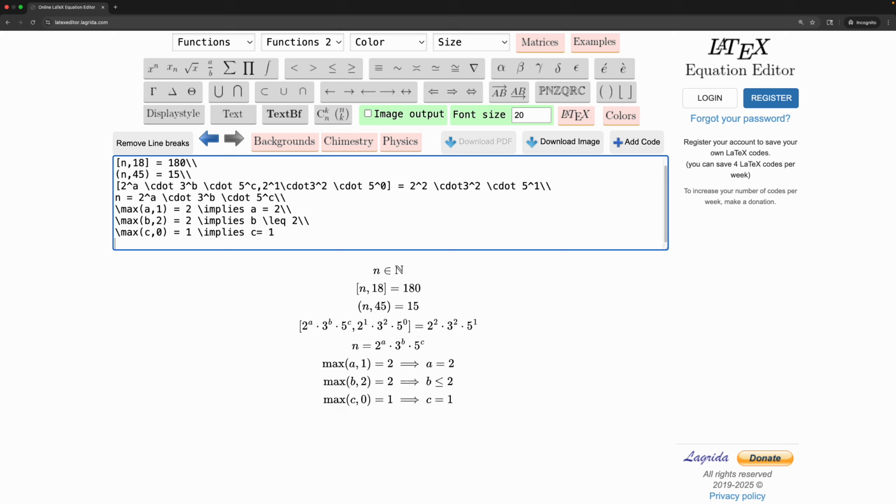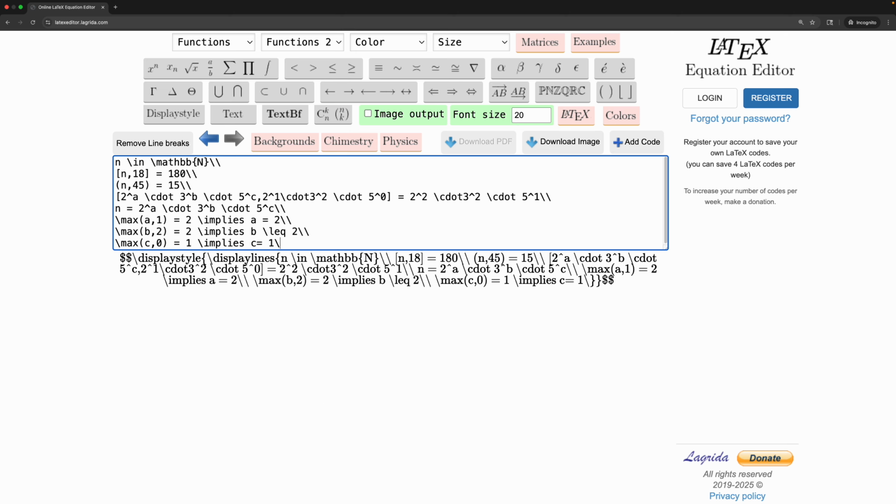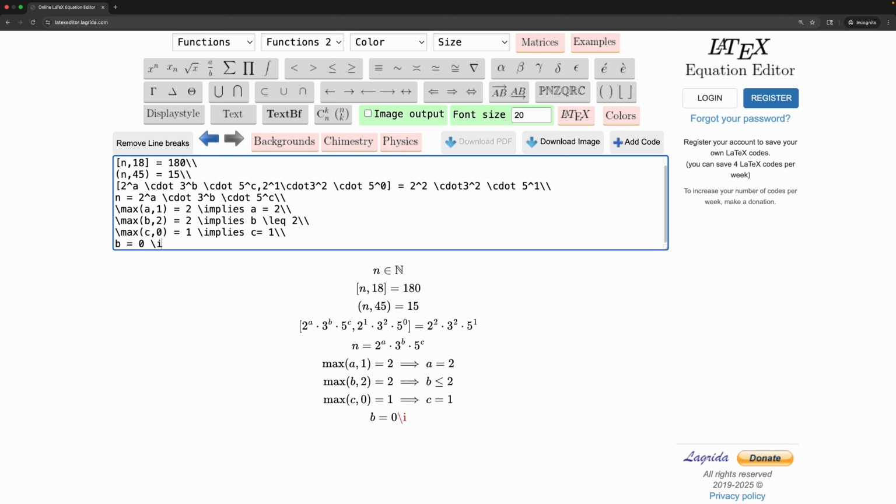So now we can try various different values for b. b equals 0. Notice how we're just plugging in the values for a, b, and c. We get n equals 20.